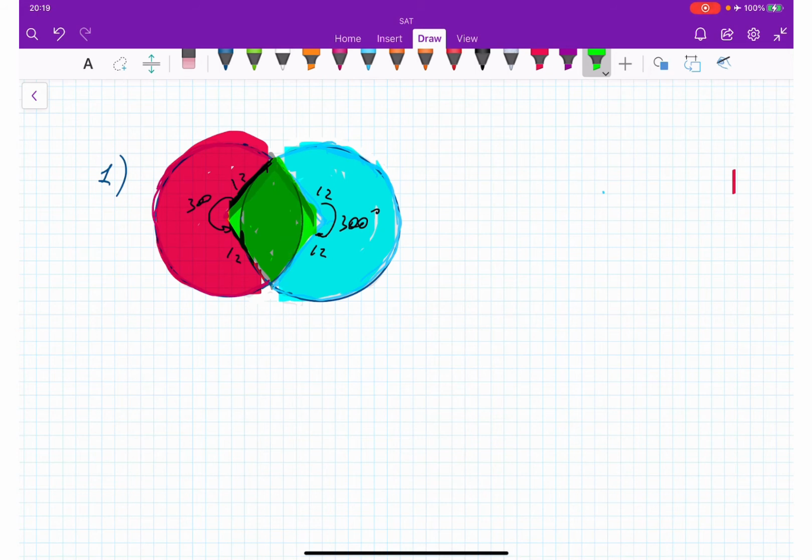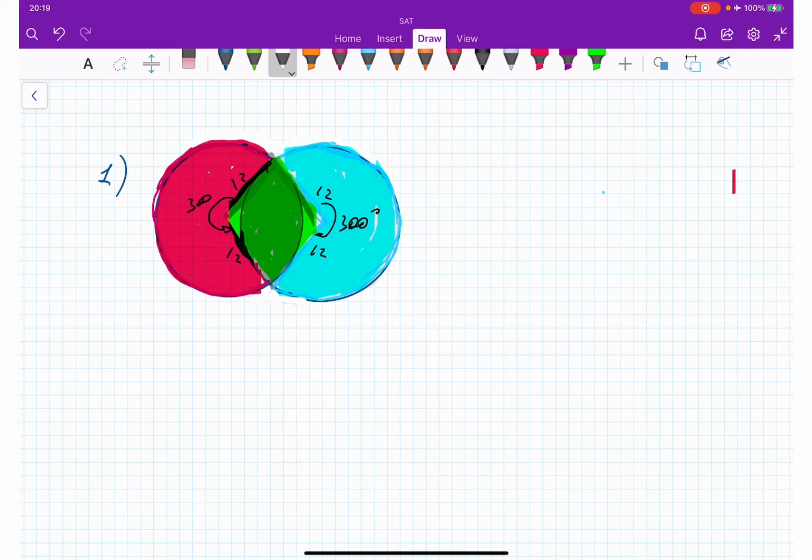So this is what we need to find: the area of the red color plus the area of the blue color, plus the area between them that is limited by the rhombus. All right?